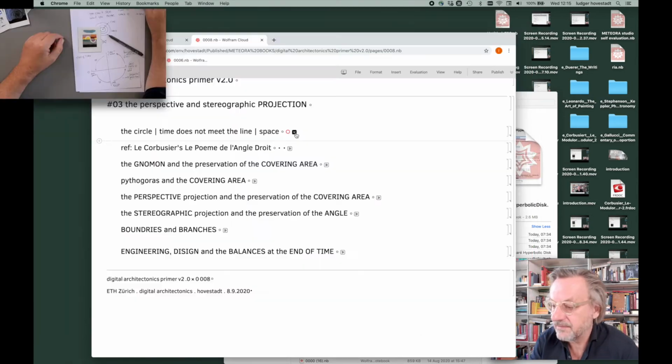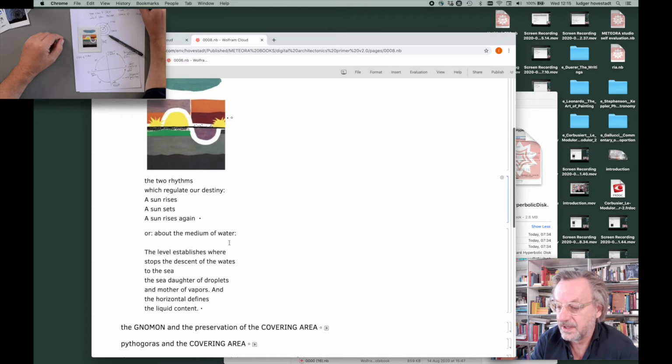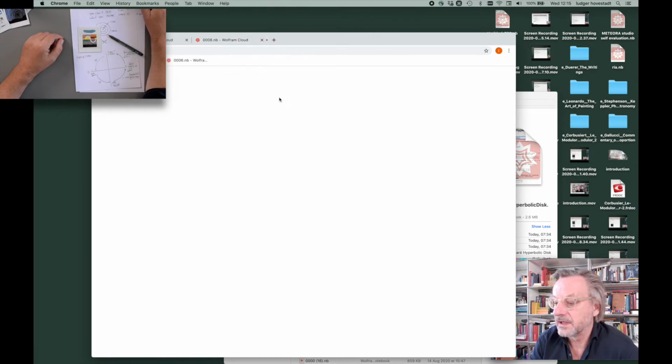And this is a poem of the right angle. And he says, the two rhythms which regulate our destiny: a sun rises, a sun sets, a sun rises again. So this is his poem, we can find it here.